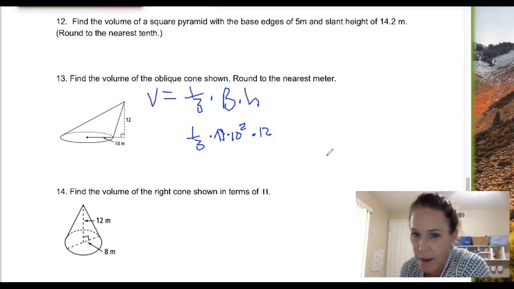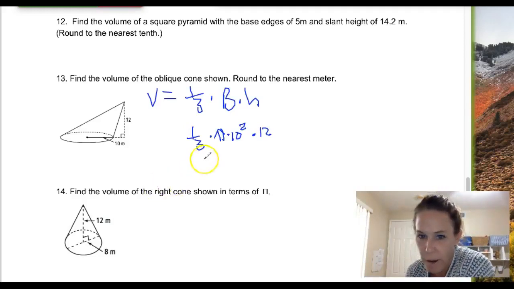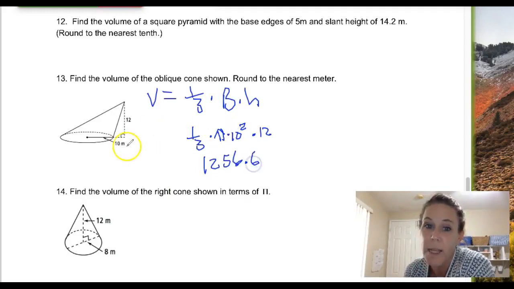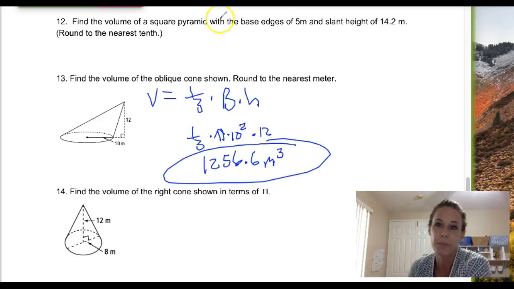And then go ahead and divide that by 3 and multiply that by pi. And you should get somewhere around 1256.6, and it's meters squared times meters, so always cubic meters, and there's your volume.